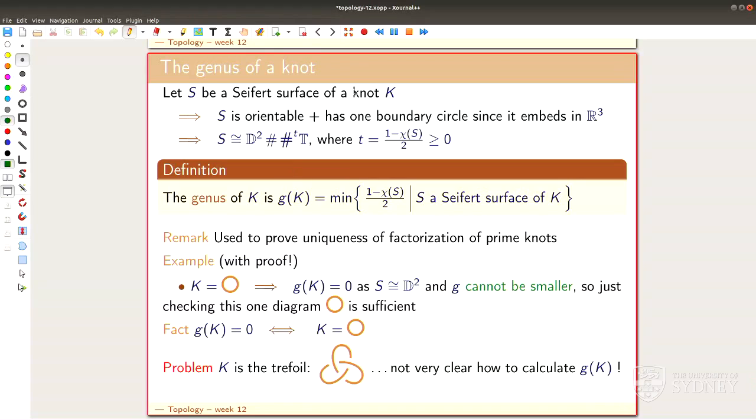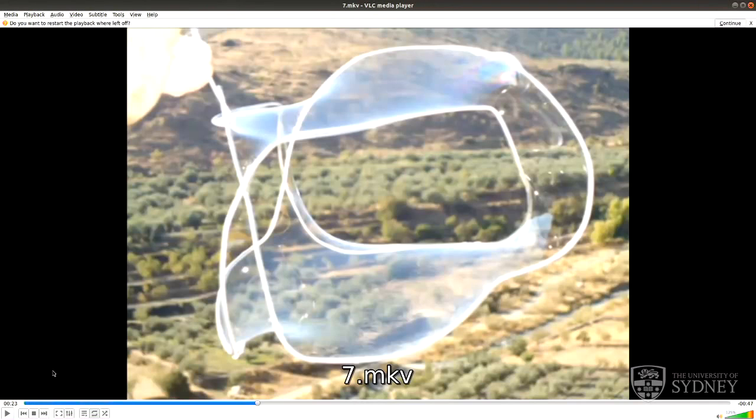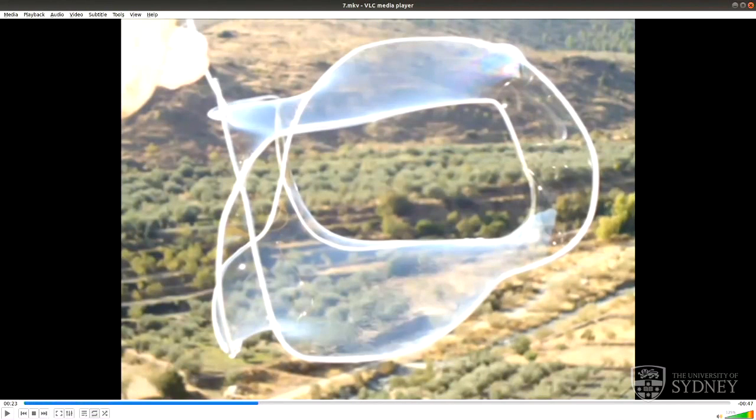But already for something like a trefoil, it's not very clear how to compute the number. First, we run into two problems. First of all, what is actually the number of handles of this beast here? It's not so easy to eyeball, I guess. And second, we would need to argue that whatever it is, it will spit out 1, I can already tell you.